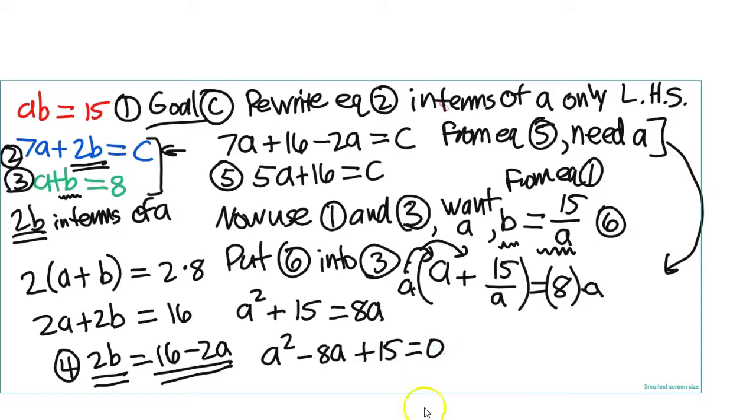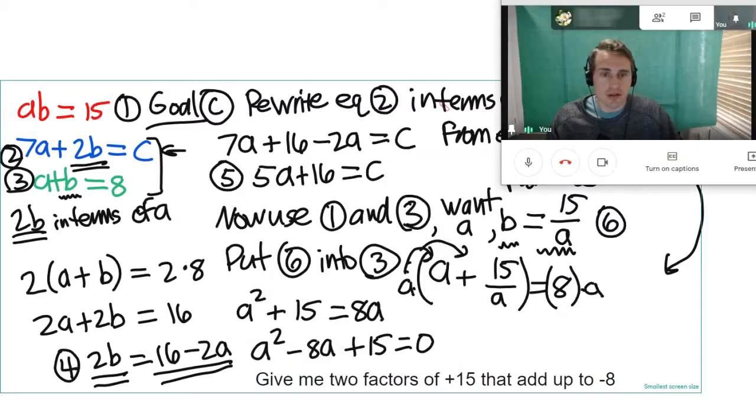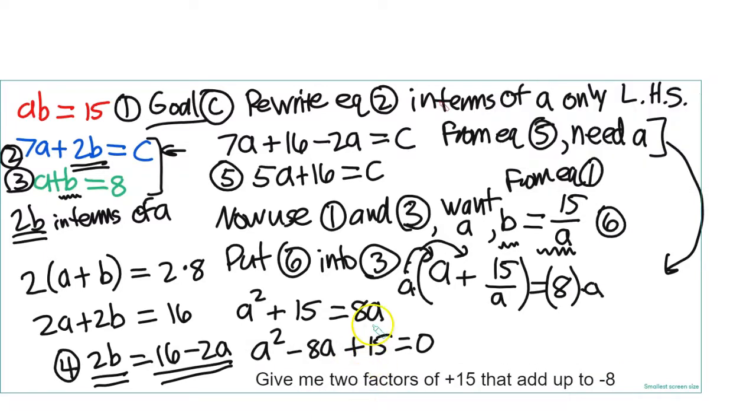Okay, we've seen this many times before. This is a quadratic. It's also a trinomial. So remember what we've said many times. This is a trinomial with 2 factors. So we need to say, give me 2 factors of positive 15 that add up to negative 8, right? What would they be? 3 and 5, yeah.